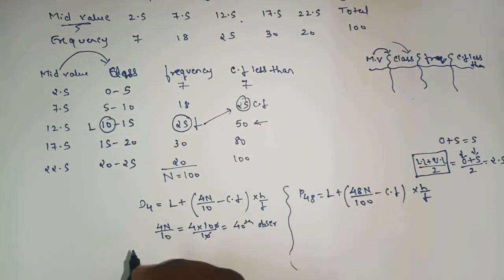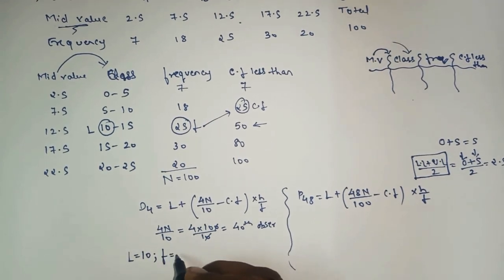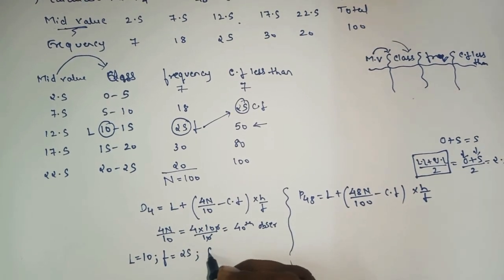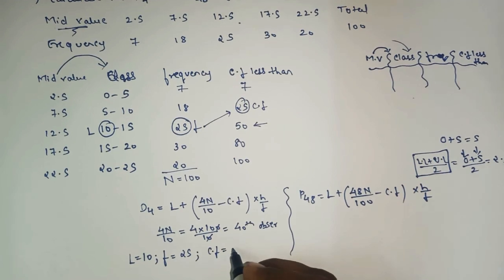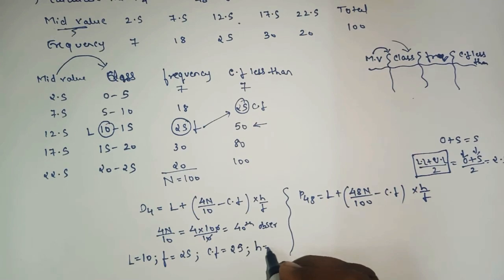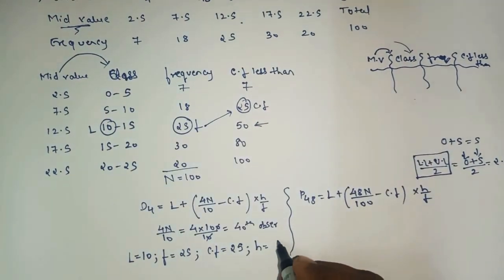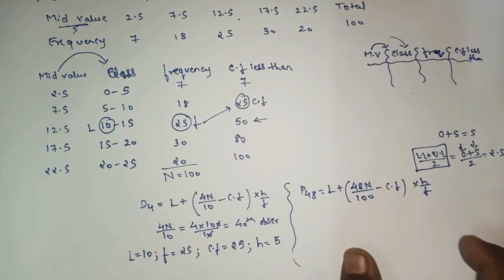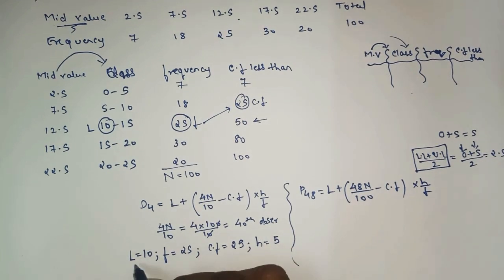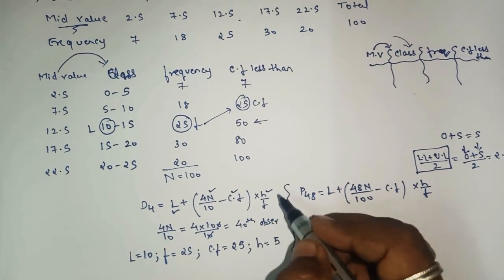From this we got the value of L as 10, F as 25, CF as again the same 25, and H will be what? As clearly we can see the difference between each class is 5. The width of the class is 5. So here we got all the values, L, N, CF also we got, H and F also.